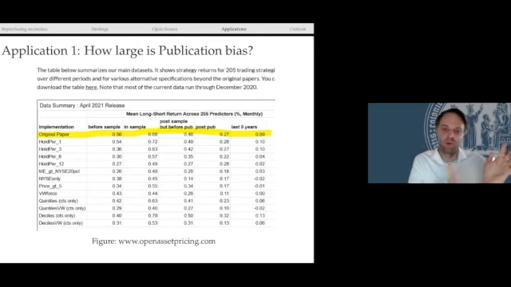What the McLean and Pontiff paper does is it first looks at the in-sample return data. Say the mean return in-sample is 68 basis points. And post-publication, when you look at the mean returns of these signals, it's only 27 basis points. It's much lower.